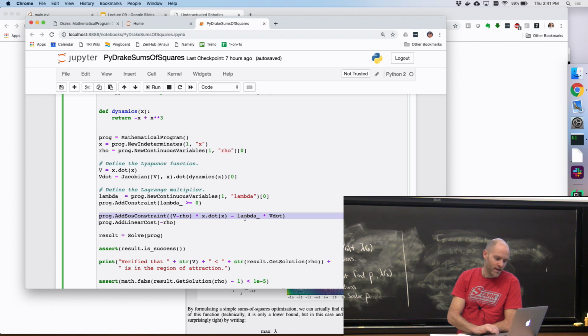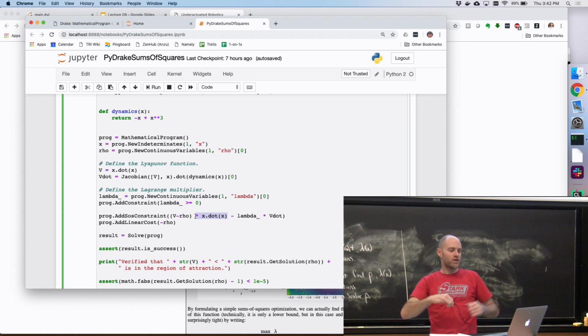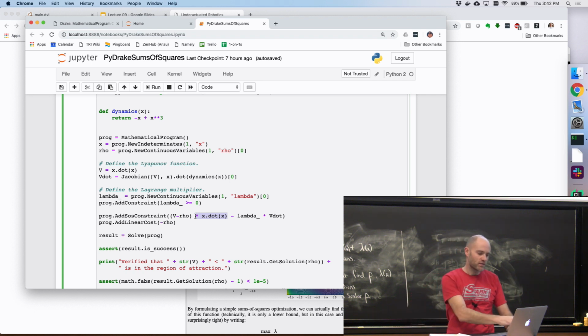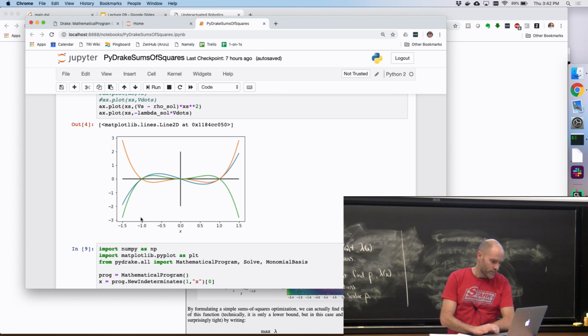Okay? But I'm going to make a little exception. I'm going to go ahead and multiply the whole thing by x squared so that there's a 0 at the origin. Okay? There's one case where that breaks, which is that V dot goes to 0 right at the origin. So you have to put this in. And I've thought about different ways I could present that on the board. I think you just have to sit there and think about that one. Okay? The code's there so you can play with it, and I tried to plot a bunch of different things.